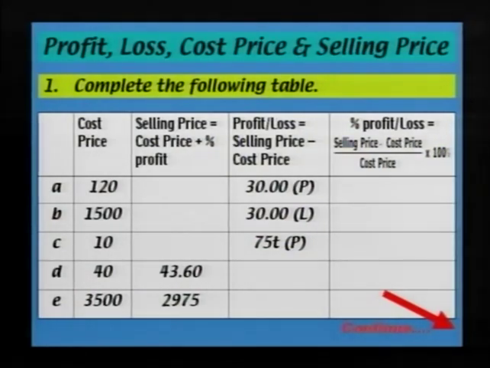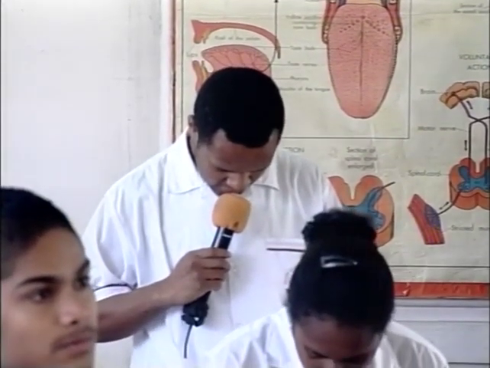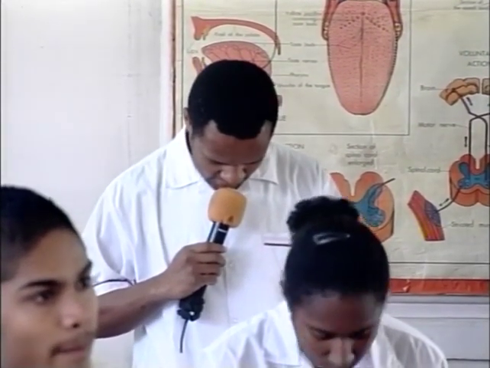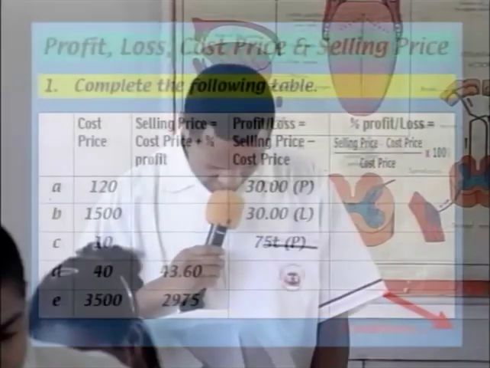Gabriel, letter D. The profit is 3 kina 60 and the percentage of the profit is 9%. Good.